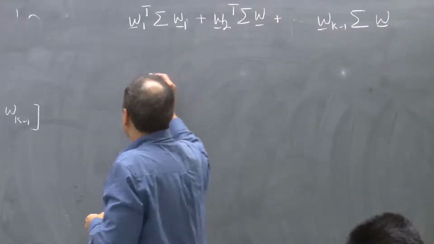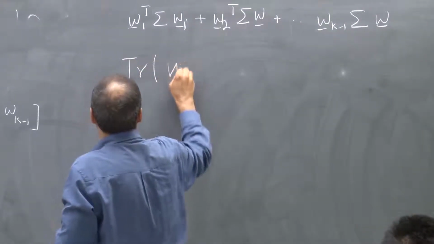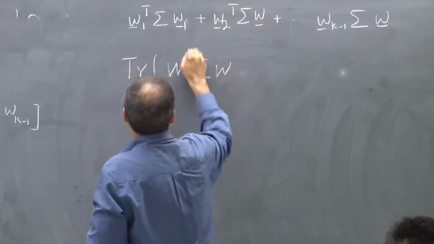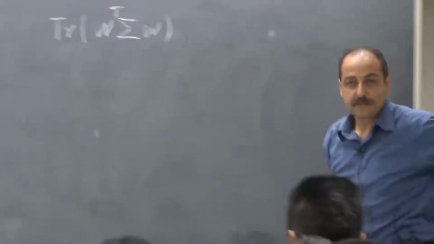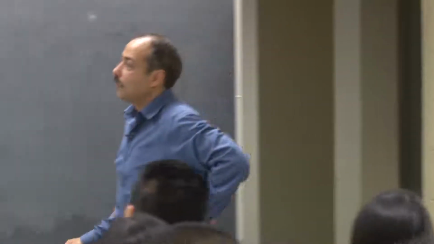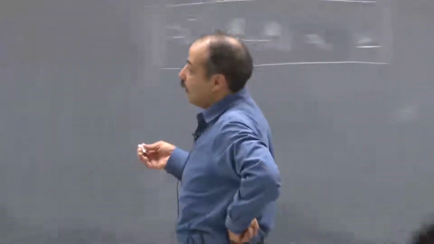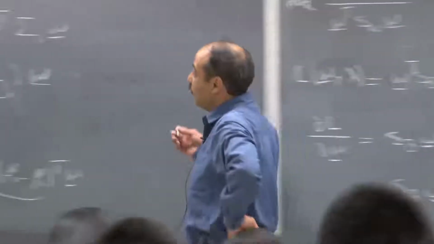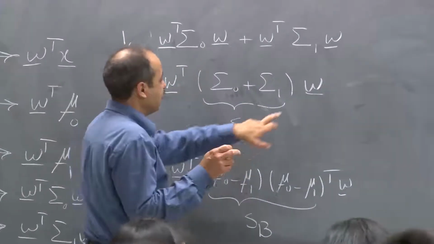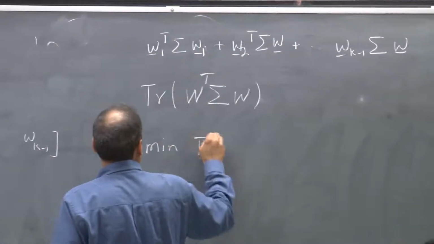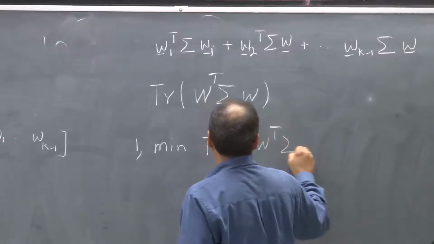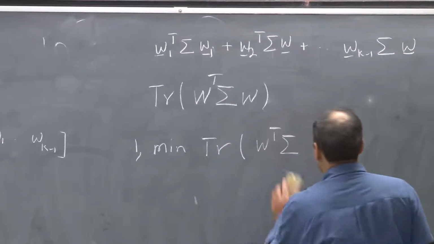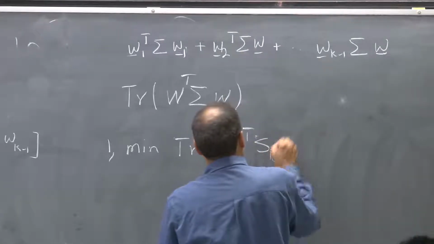So this summation, I can simply write as trace of W transpose sigma W. Okay. So in a multi-class problem, instead of minimizing W transpose SW W, I need to minimize trace of W transpose SW W.